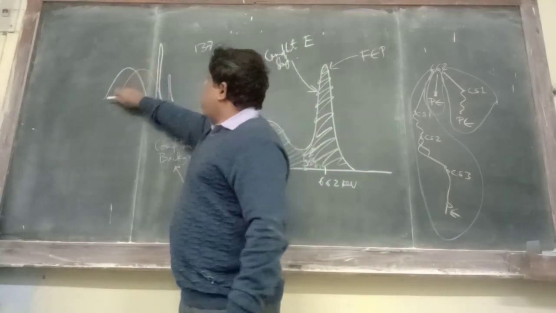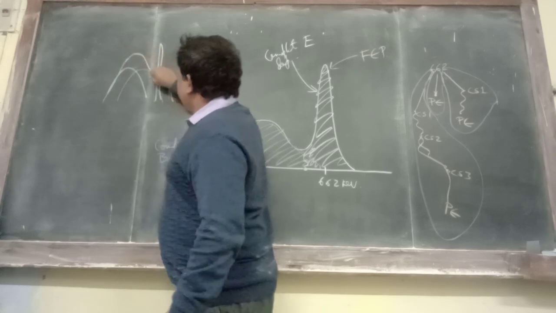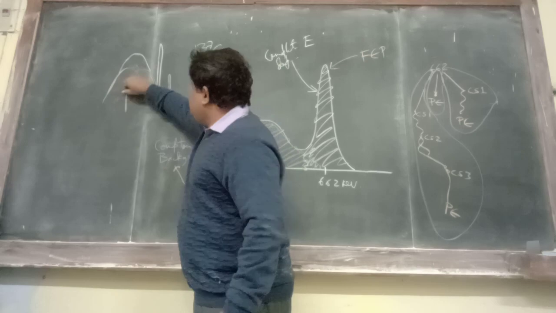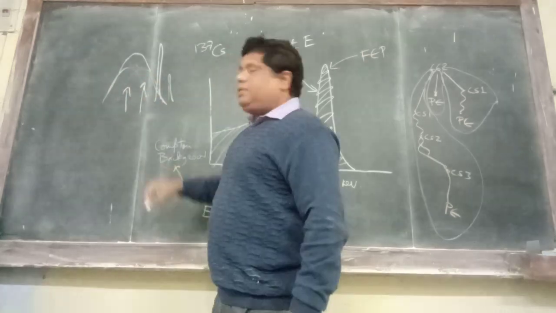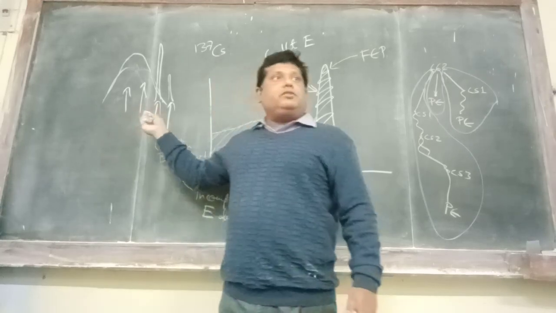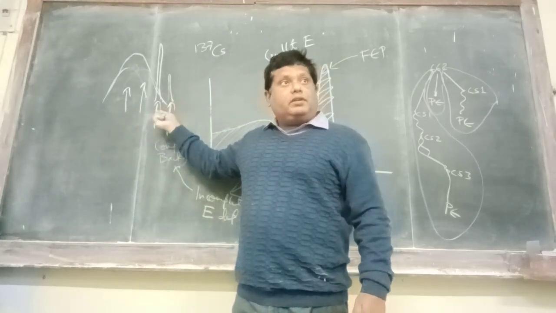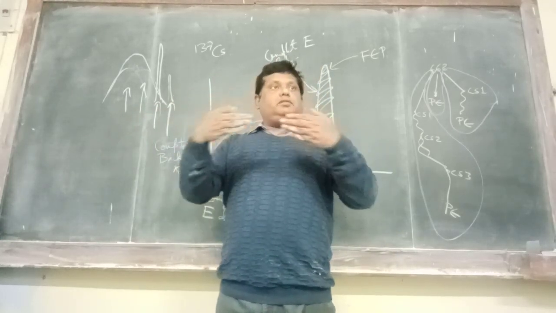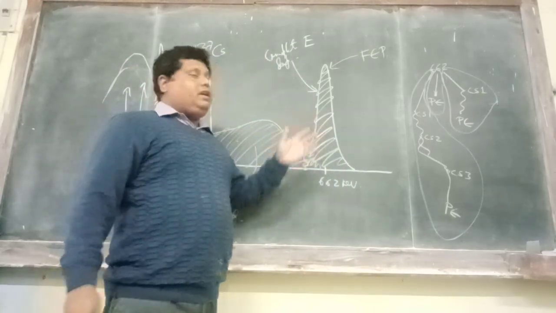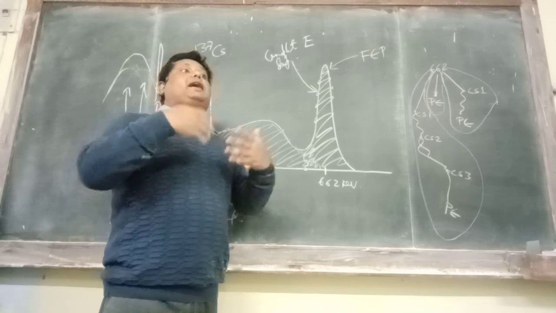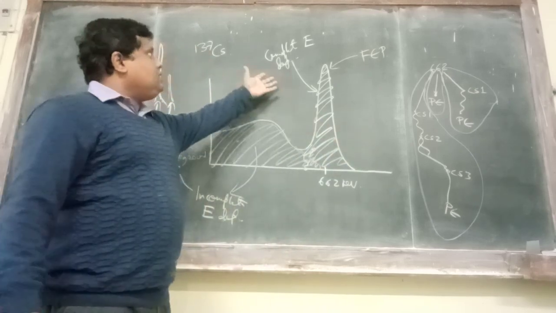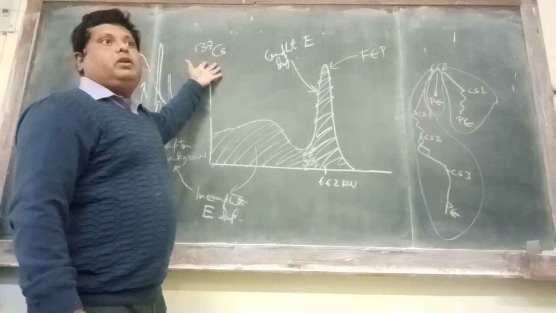Two peaks will be overlapping and you will get a single peak like this, so you will not be able to identify that there are actually two peaks. But here you will be able to identify the two peaks, because the energy resolution is better over here. That means smaller. So in life sometimes smaller things, particularly here, are good because you are able to identify how many peaks are there. Now this case is a very isolated case, only one gamma ray.